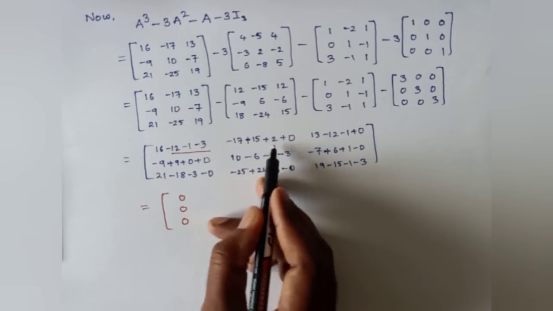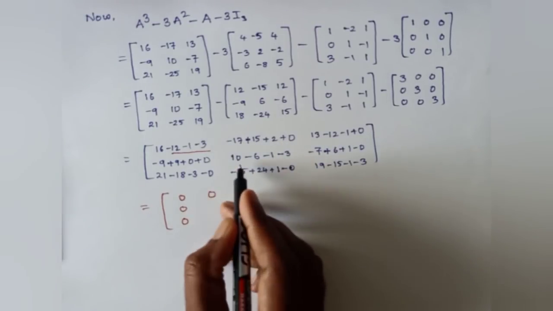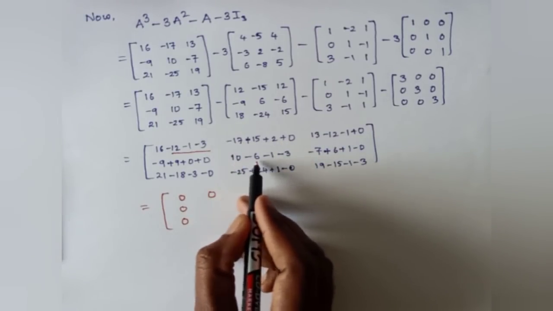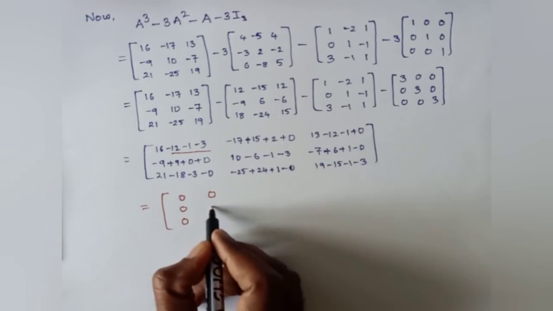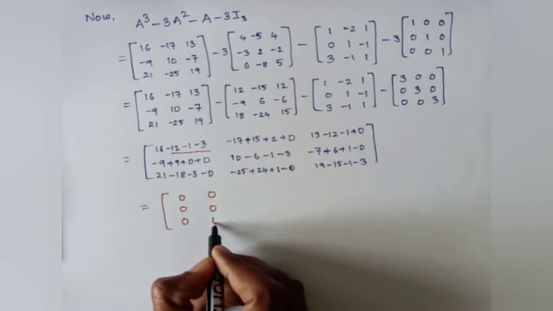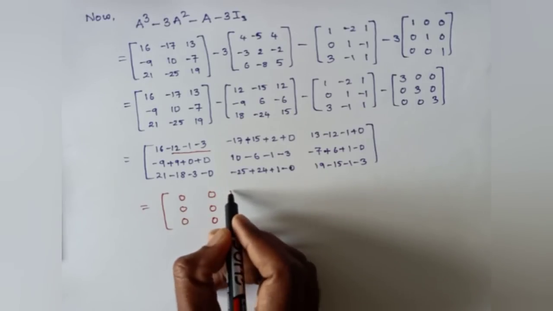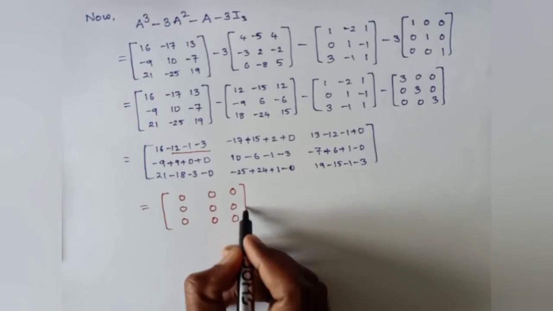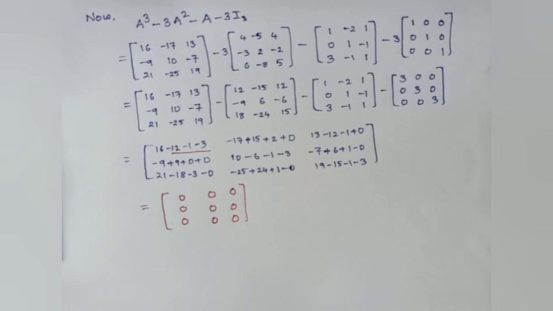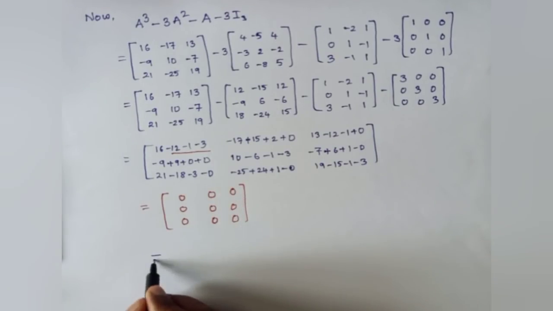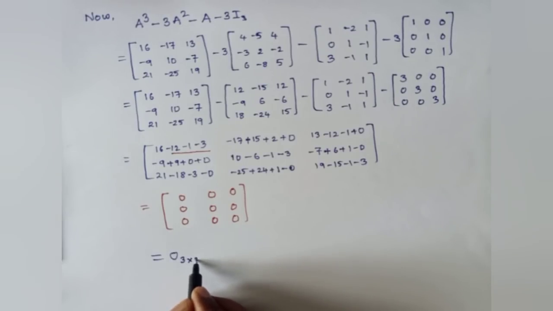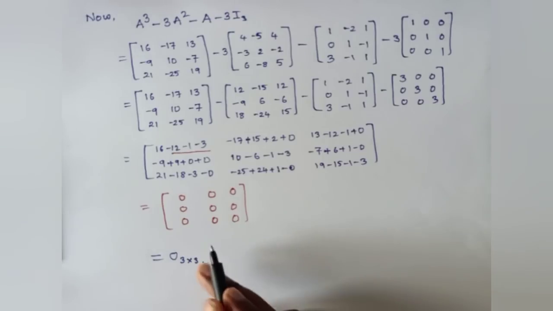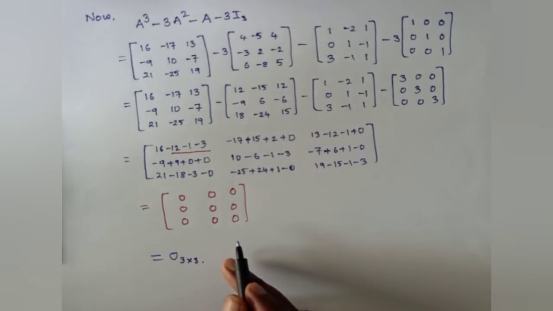Now minus 17 plus 17, 0. Then 10 minus 6 minus 1 minus 3, 10, then this is 0, 0, 0, 0. Simply we can write this as the 0 matrix of order 3. And so this is the RHS of the given problem.